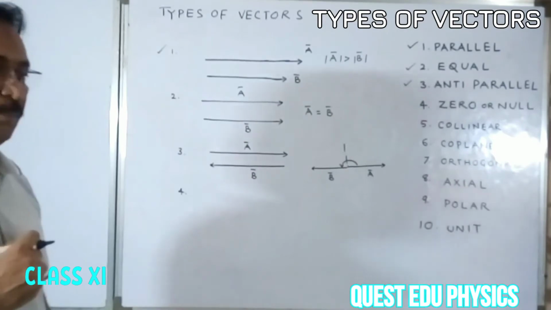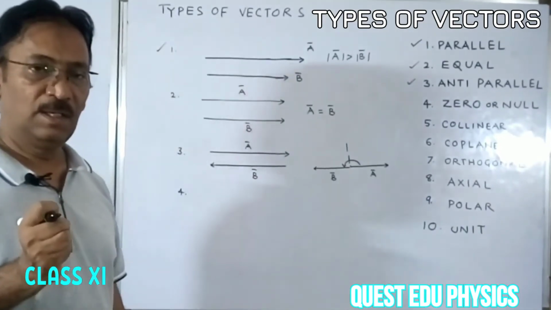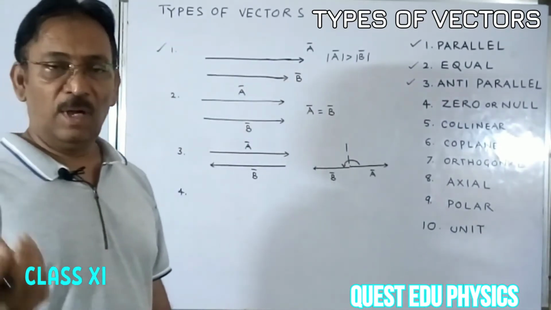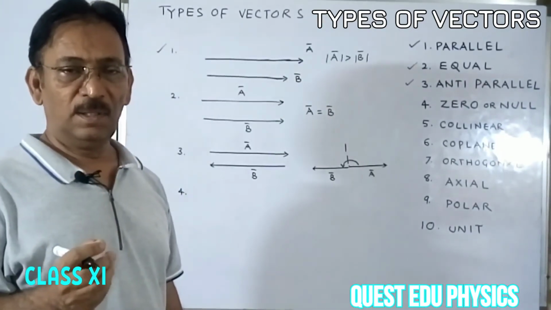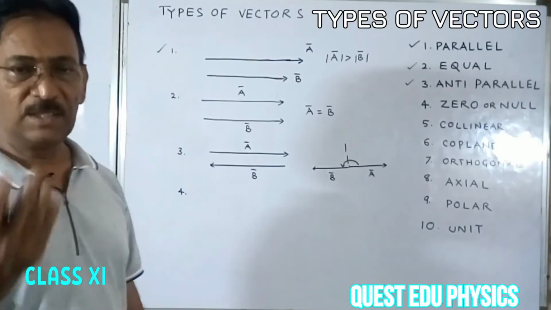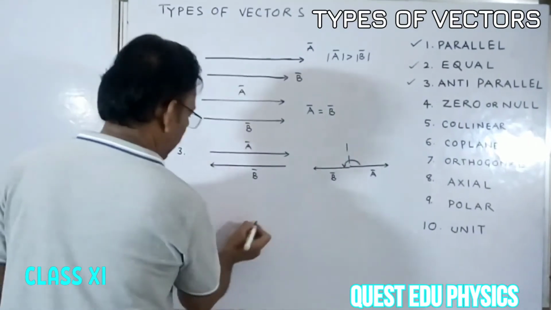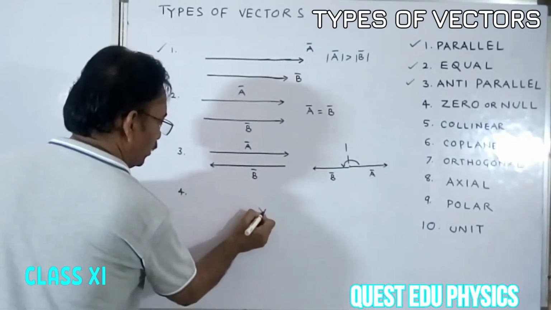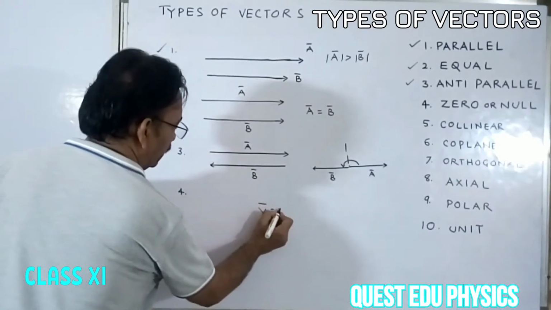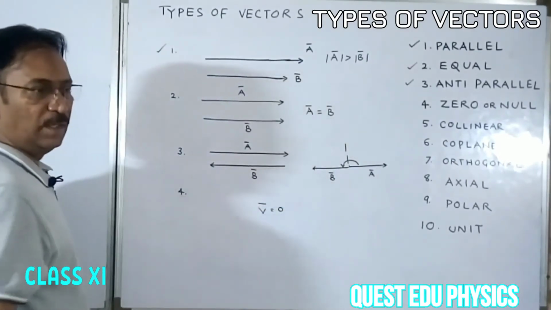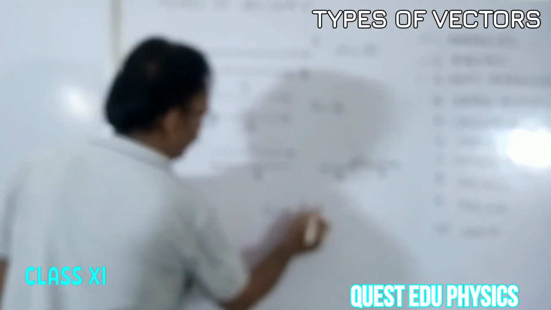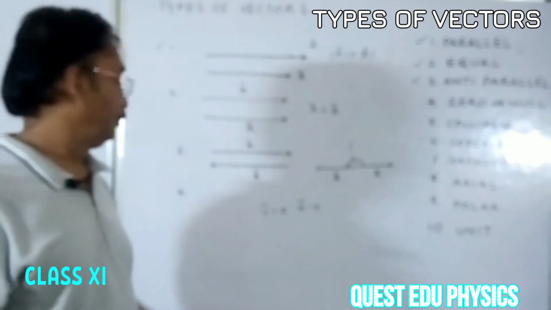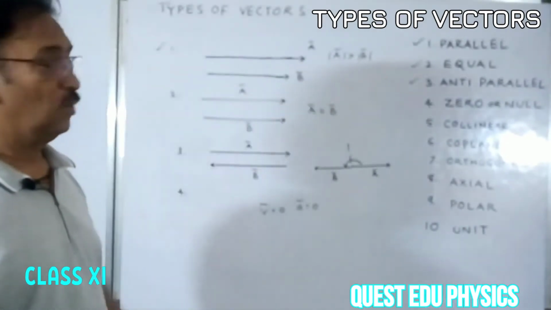For example, say it is a velocity vector. If it is written as a zero vector, that means the velocity is zero. In the same way, acceleration must also be zero. Then we call it the zero vector.